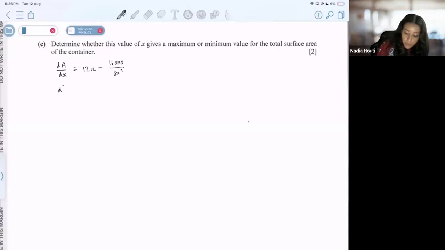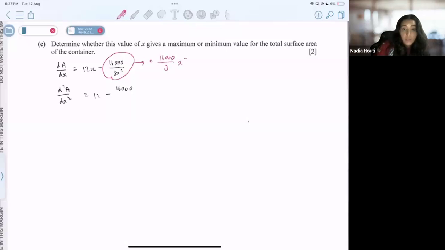So d2A dx squared is equal to 12, okay, minus, let's again convert this. So I'll do the long method. Okay, so this 16,000 over 3x squared is the same as 16,000 over 3 times x to the power of -2, right?